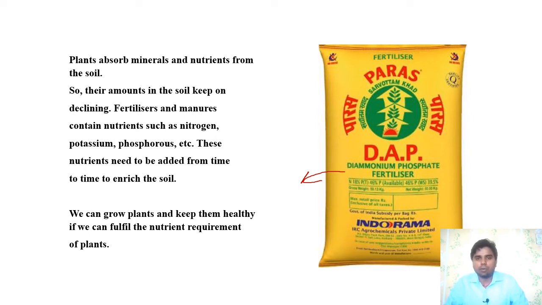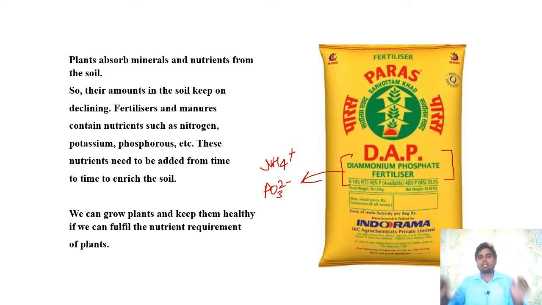So student, now you have to read what is written over here, DAP, and what is the full form and what does it contain. Yes, student. The full form of DAP is diammonium phosphate fertilizer. Now it is very clear that there is one ammonium compound, NH4 plus, and there is one phosphate also.